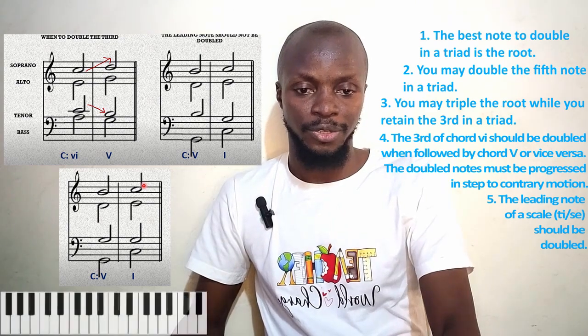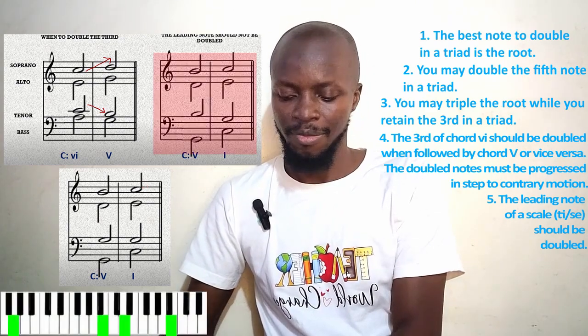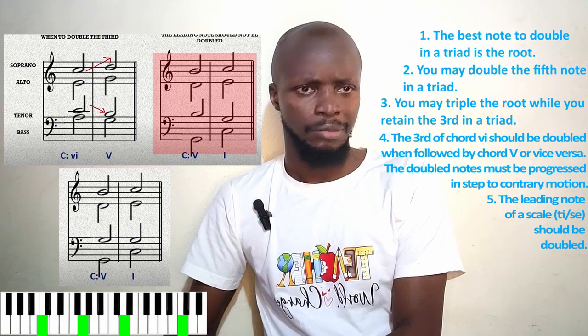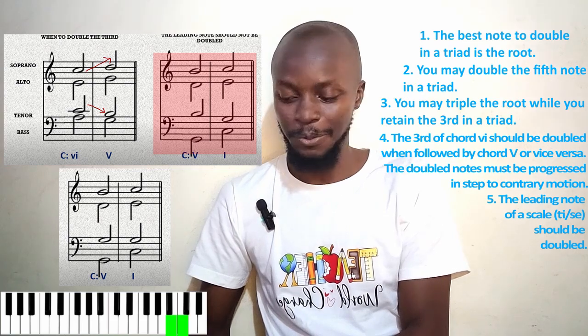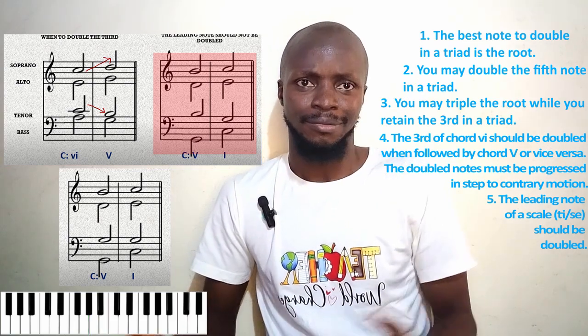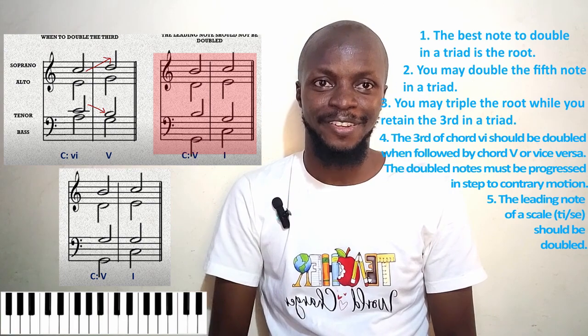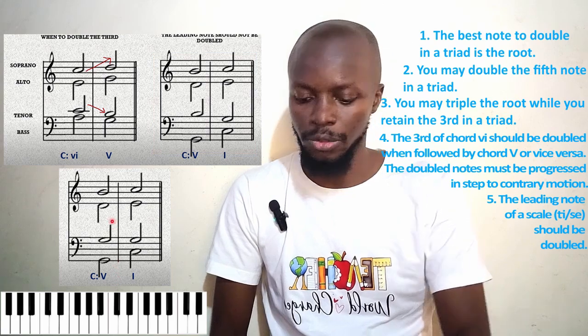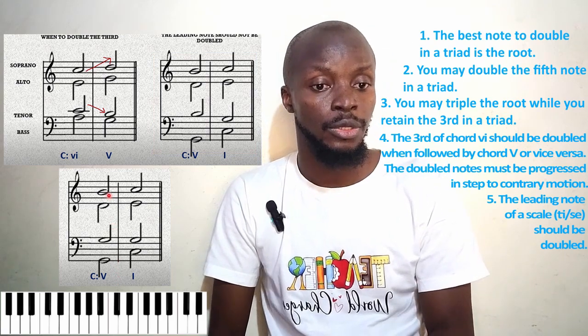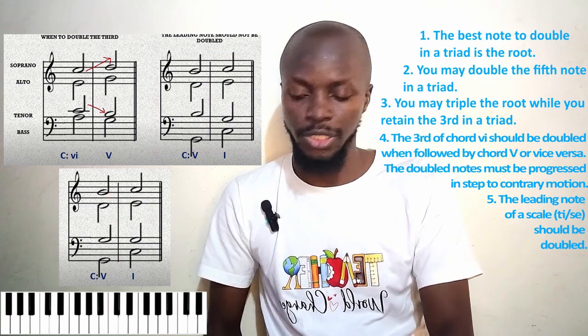Let's see the first one. So we have Ti, Do, and Ti, so too much. It's too much. To correct it, we have just Ti, Do, so that we have the two sounding this way.